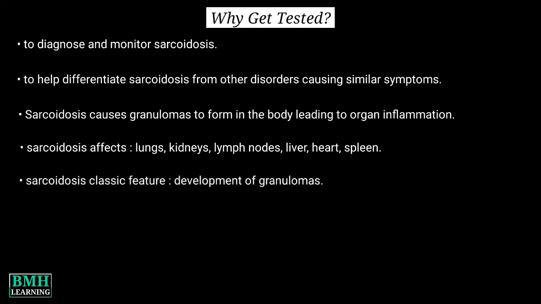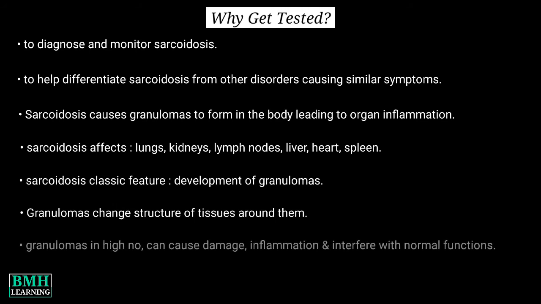A classic feature of sarcoidosis is the development of granulomas, which are small tumor-like masses of immune and inflammatory cells and fibrous tissue that form nodules under the skin and in organs throughout the body. Granulomas change the structure of the tissues around them, and when they are in sufficient numbers, they can cause damage and inflammation and may interfere with normal functions.